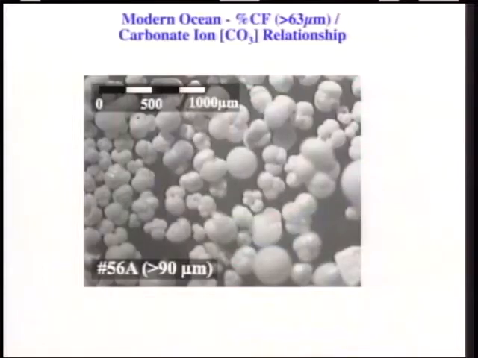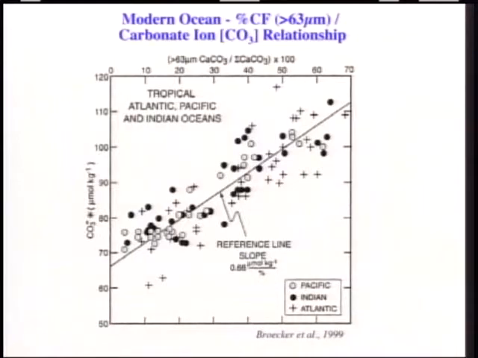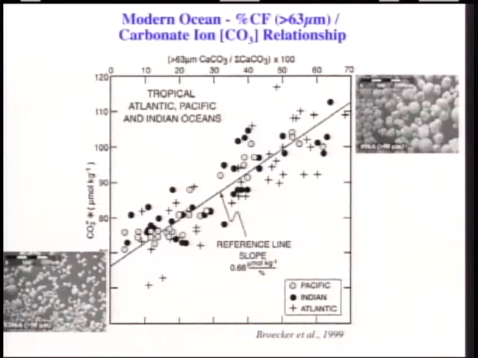There are other proxies we can look at that tell us something about the saturation state or the carbonate ion concentration of seawater. One of these measures is a very simple one. It's simply the concentration of planktonic foram shells in deep sea sediments. Planktonic foram shells tend to be fairly sensitive to the carbonate ion concentration of seawater, as shown here.